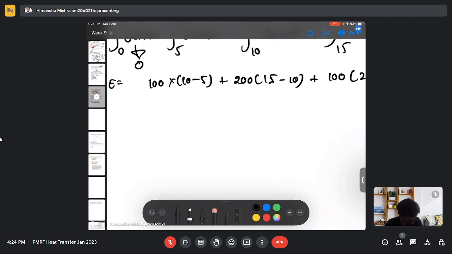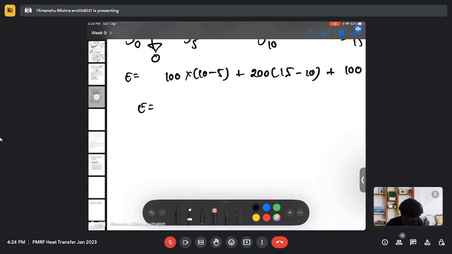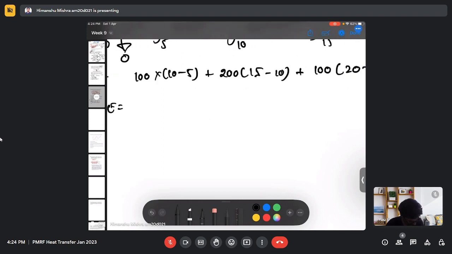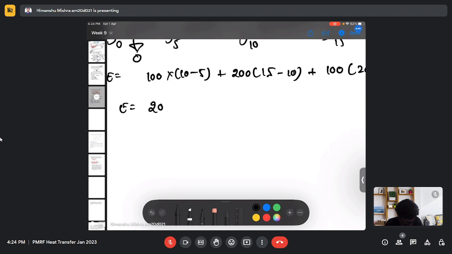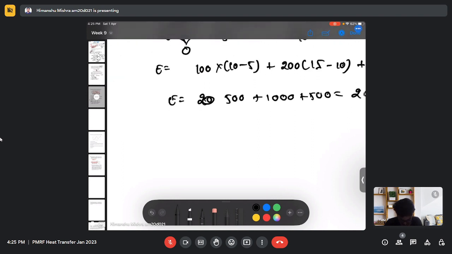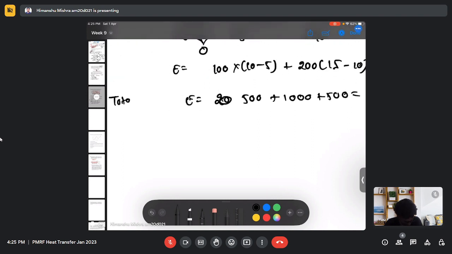On calculating this, I will get 500 plus 1000 plus 500, which is 2000 watt per meter square. So this is my total emissive power.